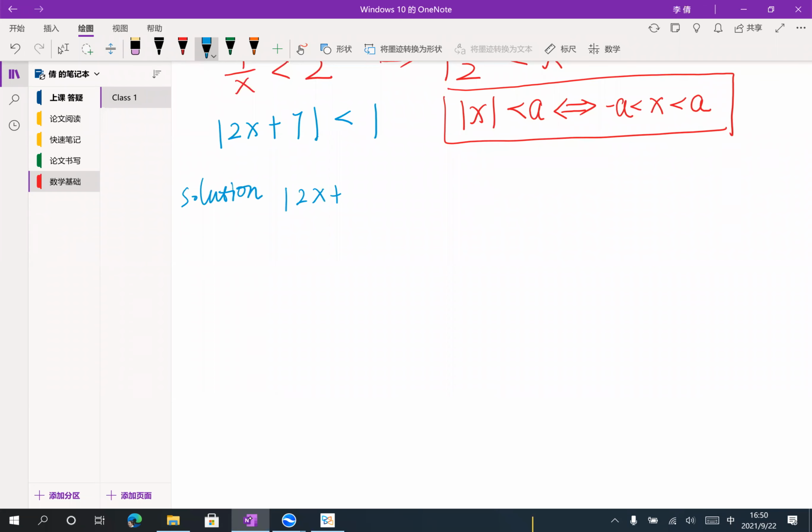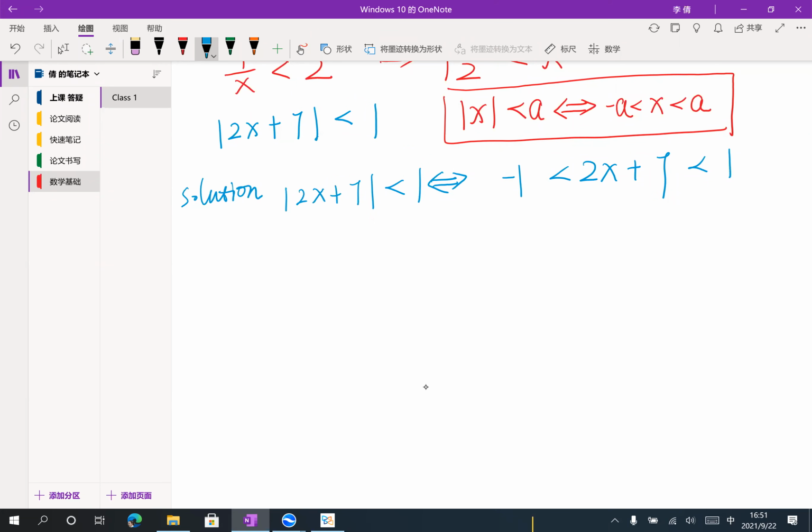The absolute value of 2x plus 7 is smaller than 1 if and only if 2x plus 7 is larger than minus 1 and smaller than 1, right?